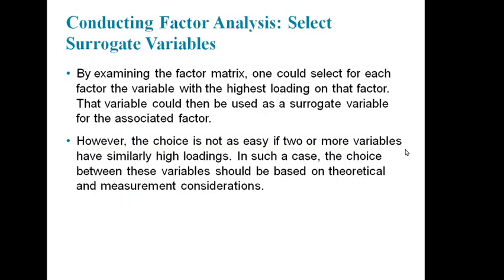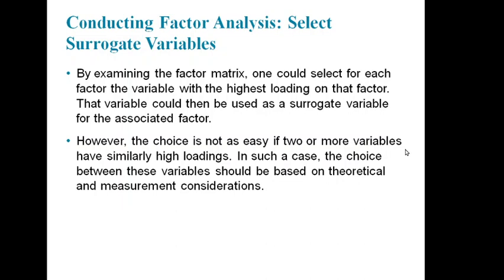Once you get, say, from the 20 you are reducing it to 4, you can actually name those 4 factors. You see which are the variables that come under factor 1, and according to that you can name them using what are called surrogate variables. By examining the factor matrix, one could select for each factor the variable with the highest loading on that particular factor.